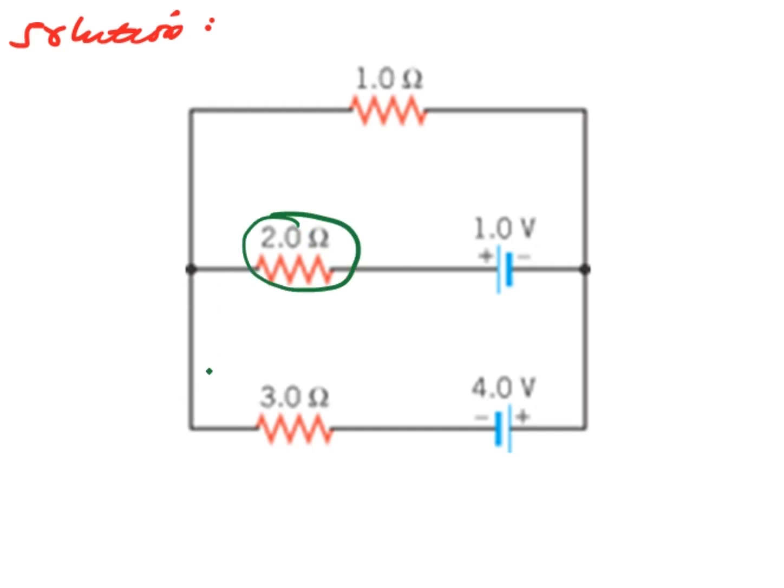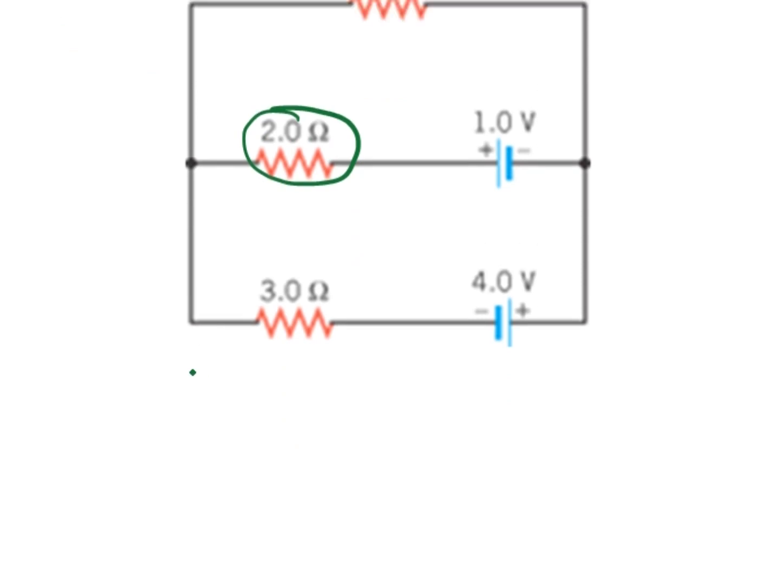Now let us first apply Kirchoff's rules. Kirchoff's rules are also known as Kirchoff's current law and Kirchoff's voltage law, or the loop rule and the node rule. So let us apply Kirchoff's current law, KCL, or in some books the node rule, KCL at a node. Let's say this is the node, node A.